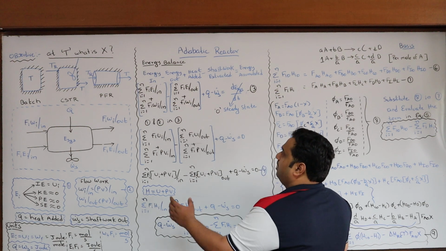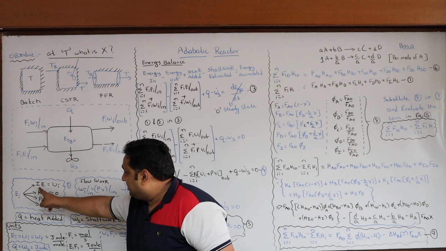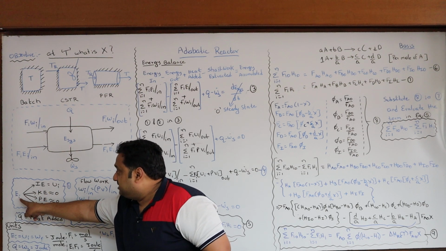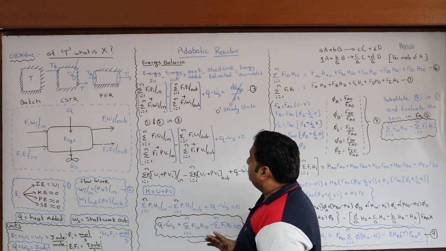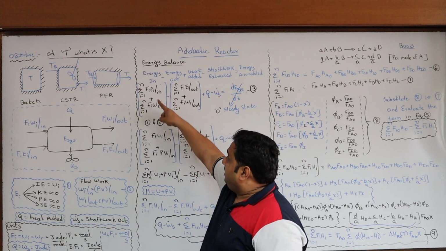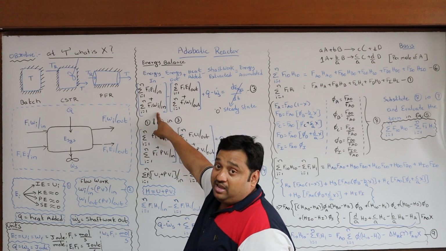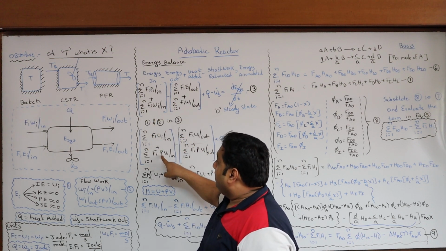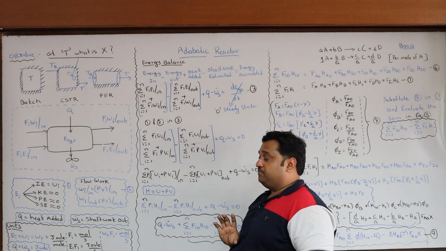Okay. Now simply substitute what is Ei. Every energy is 0 except the internal energy. So in place of Ei we have substituted Ui. In place of Wi, the flow work, I substituted P into Vi. Rest everything is the same.